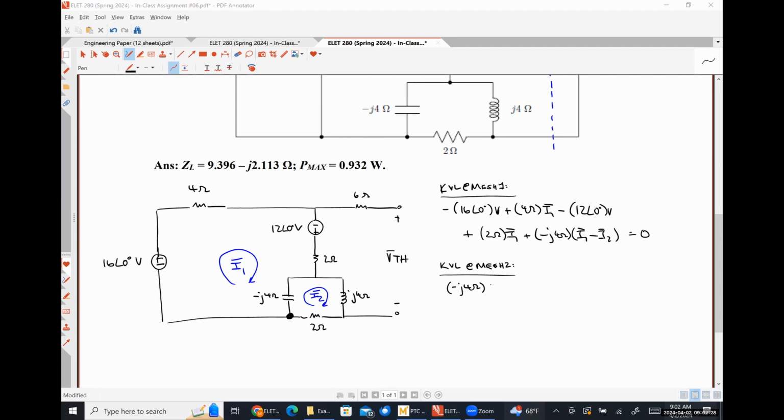I2 minus I1, absolutely. And then what else are we going to have? So positive J4 times I2 plus 2 ohms times I2 is equal to 0.